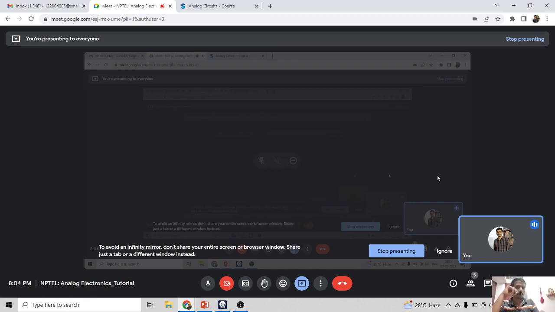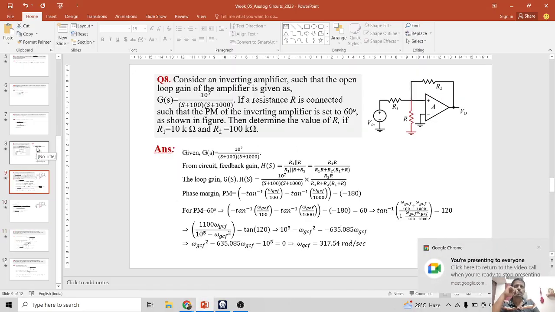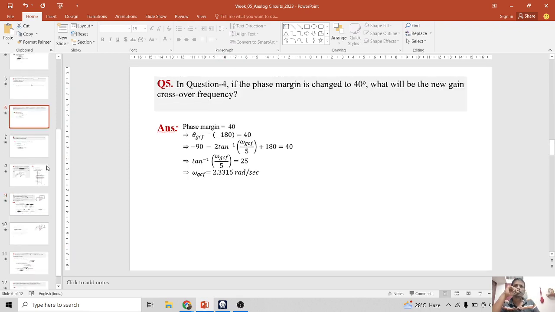So why does the slope of g of s change from -20 to -40? Which question, the eighth? No, sir, the third question. Okay, third question, check.